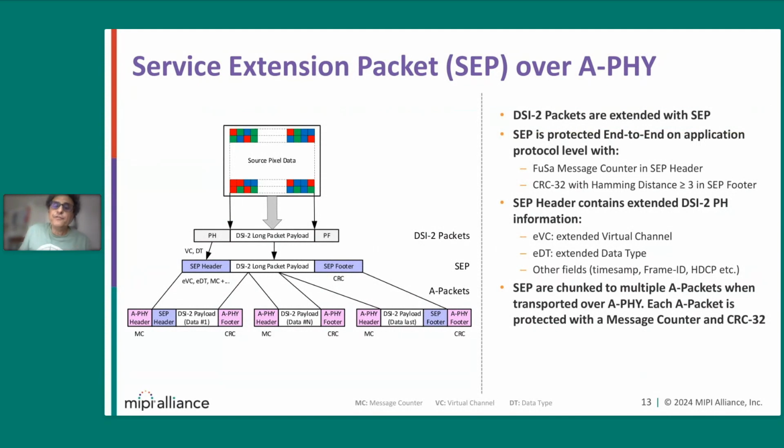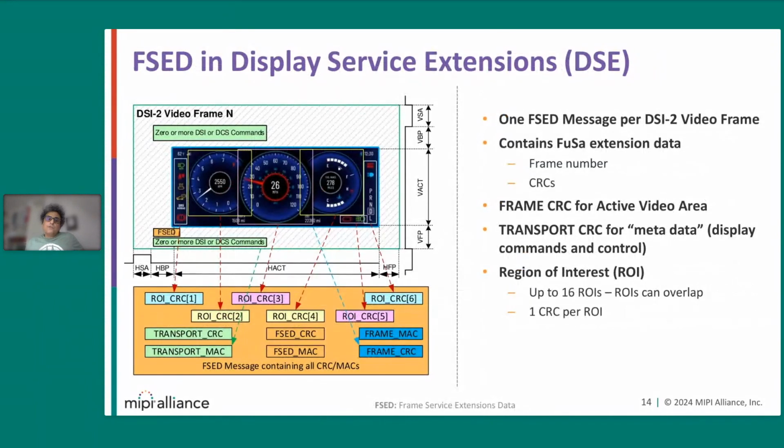And we have a message counter in a header and CRC, and we can use that for message-based protection. And once we have the SEP, they are segmented to fit into AFI packets, as maybe Nadav will explain later.